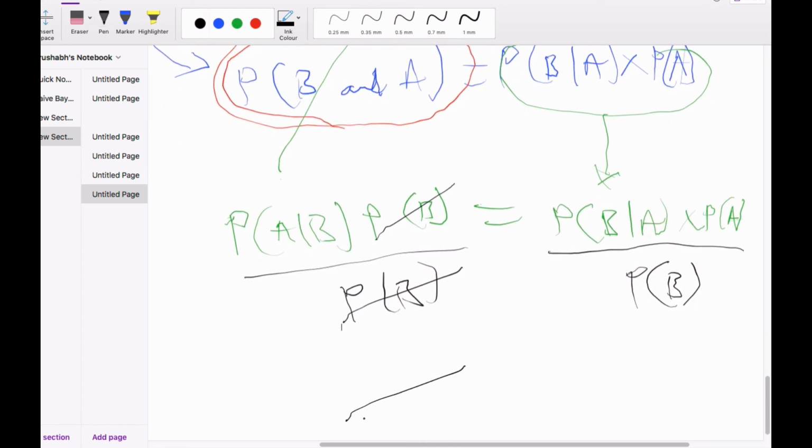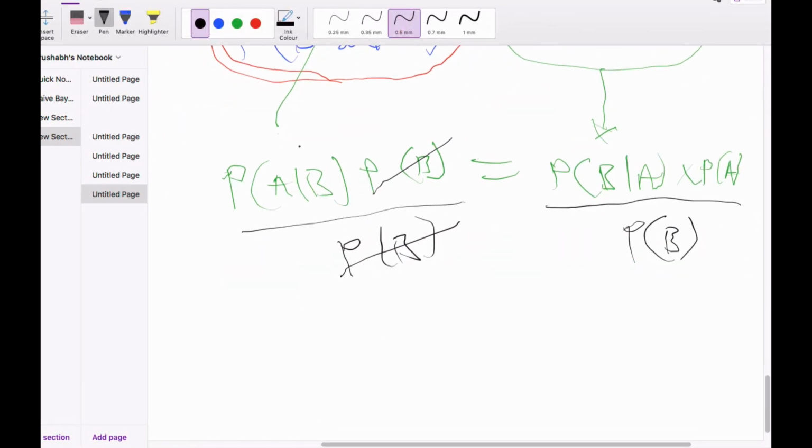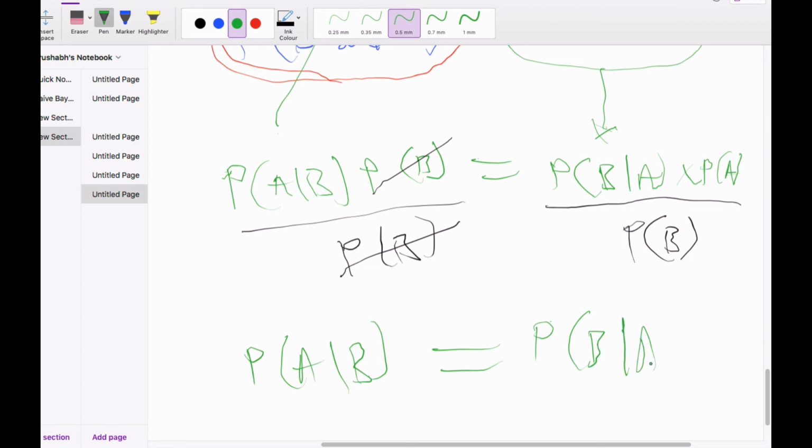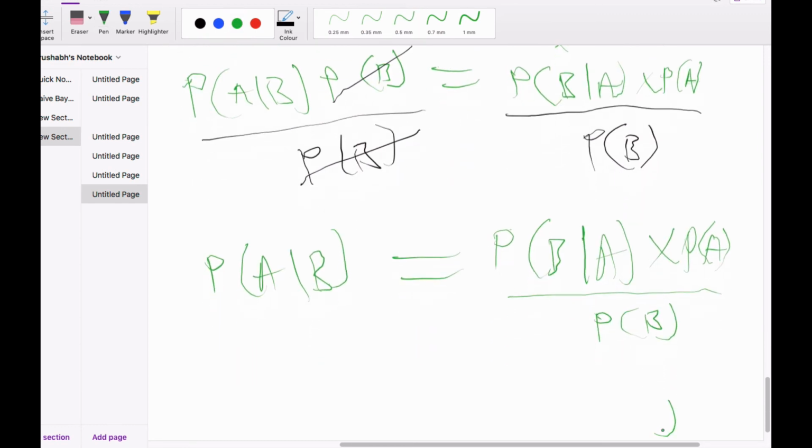Now I'm left with the probability of A given B on this side, and the probability of B given A multiplied by the probability of A, divided by the probability of B.